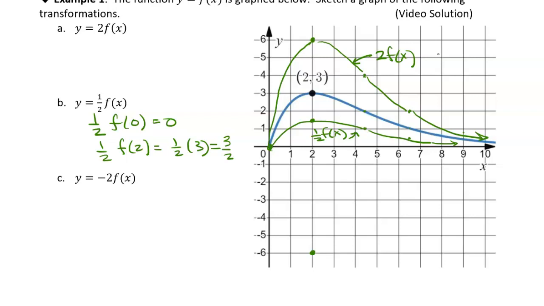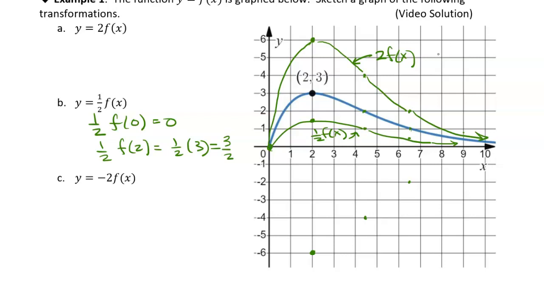So for example, I see this point right here is about at 2, right? So if we multiply that by -2, we're going to be at -4. So we're going to have a point about here. Here we're at 1. The y value is 1 for somewhere around 6.5, right? So I can come down here and it's going to be a -2. Okay.